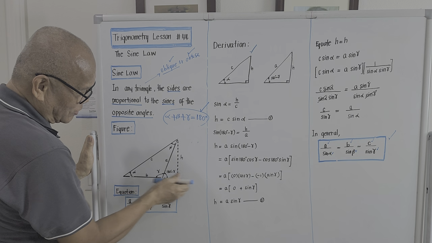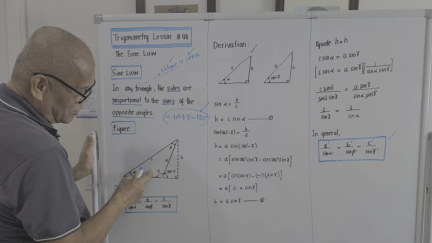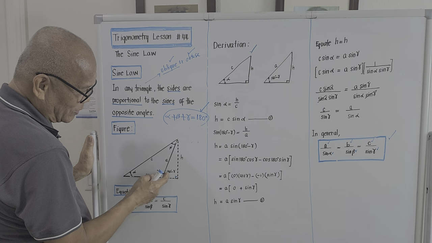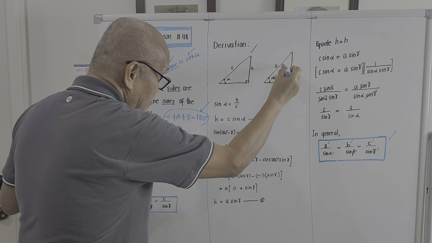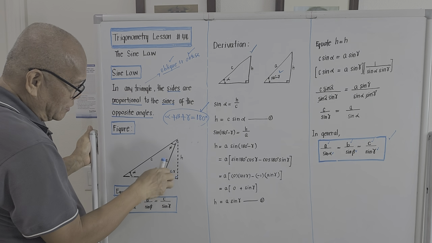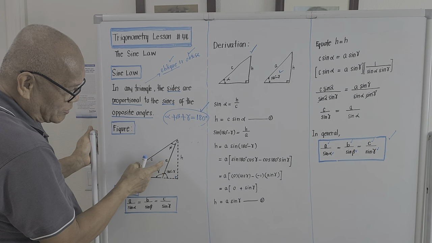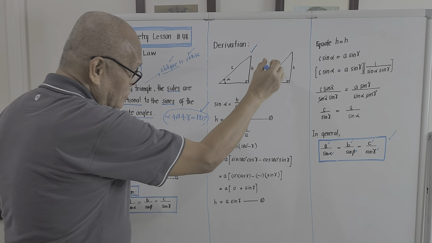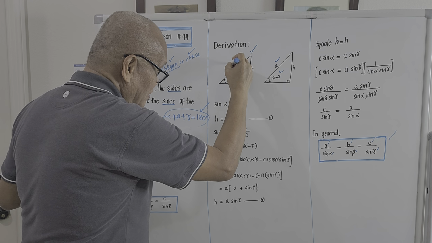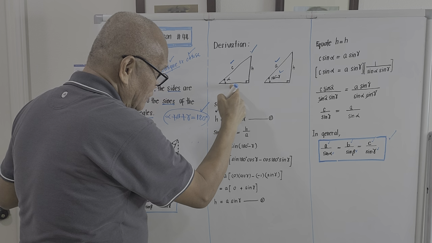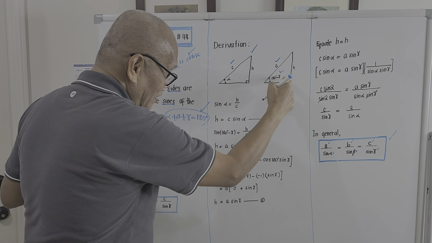Because this is a horizontal line. And this side here will be side A. So this is side A, this is side C. This is angle alpha, this is 180 degrees minus gamma.